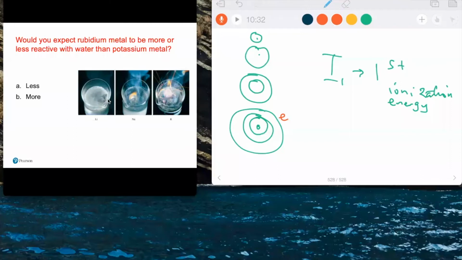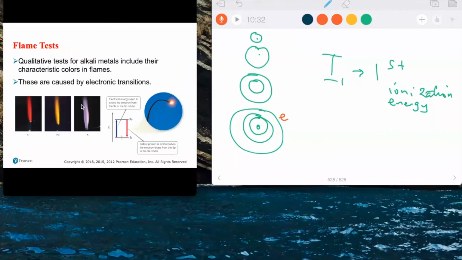This indicates that as you go down the group 1 metals, the reactivity increases because of low ionization energy, which explains the high reactiveness of group 1.